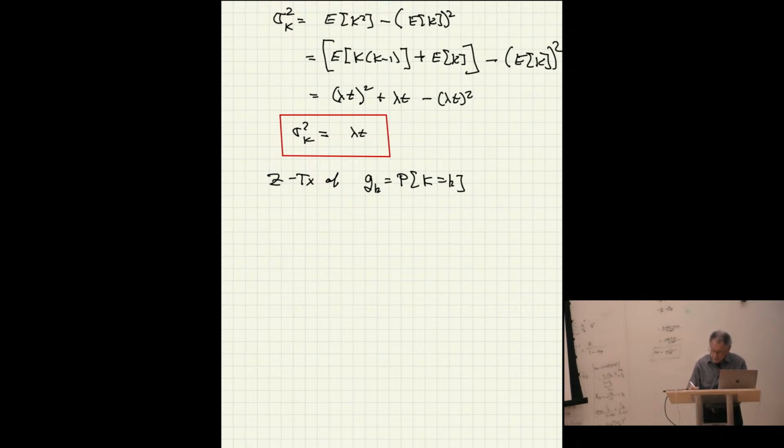So G of z, which is the Z transform I'm talking about, is equal to the expected value, as always, of z to the random variable k, by definition, which is the summation of gk z to the k, and this only works for absolute value of z less than 1.